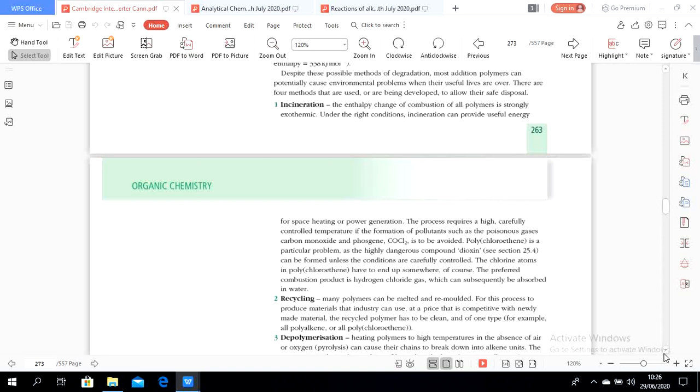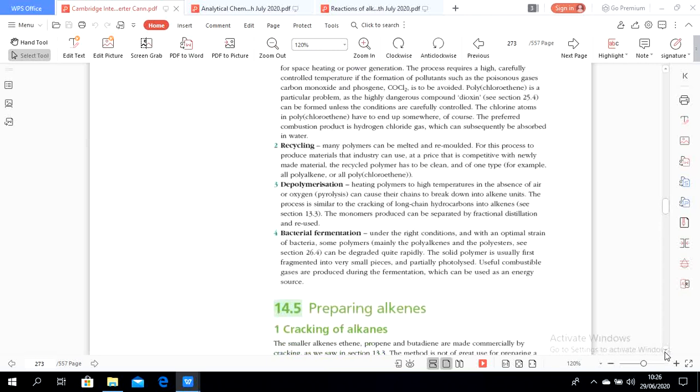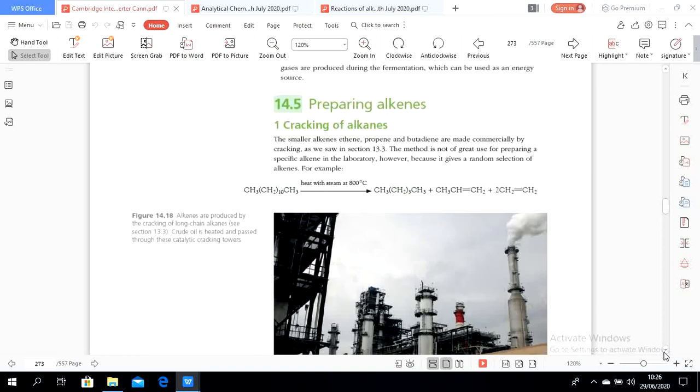If incinerated, the result is strongly exothermic and produces pollution. So what are the pollutions? They can be chlorine gas and hydrochloric vapor, which are dangerous. And then how to prepare alkenes? Alkenes can be prepared by cracking alkanes.